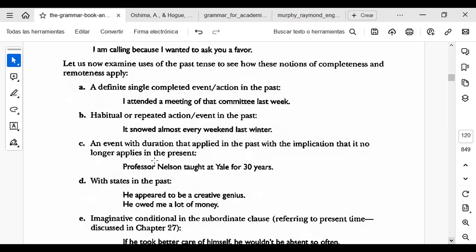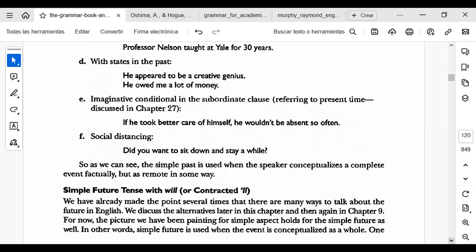Then in D we have states in the past. So he appeared to be a creative genius. He owed me a lot of money. So those are state sentences. And then imaginative conditionals in the subordinate clause. So the example says, if he took better care of himself, he wouldn't be absent so often.